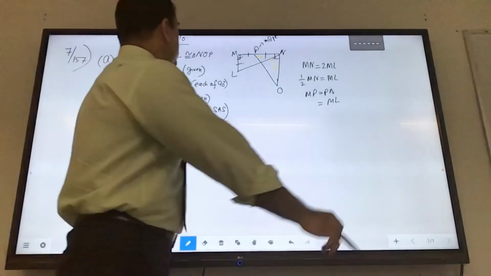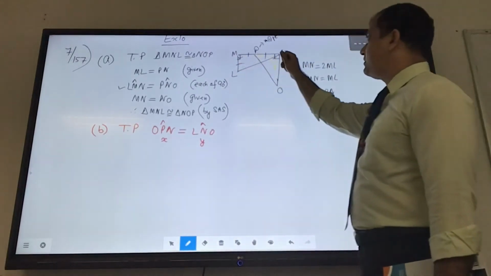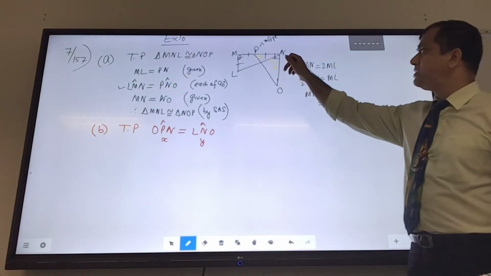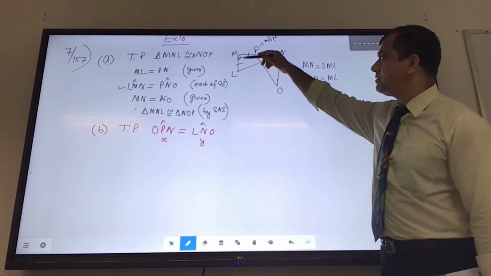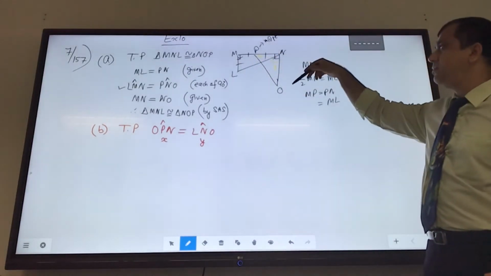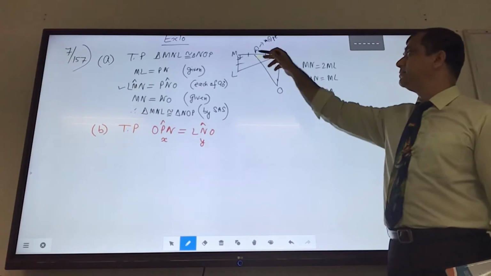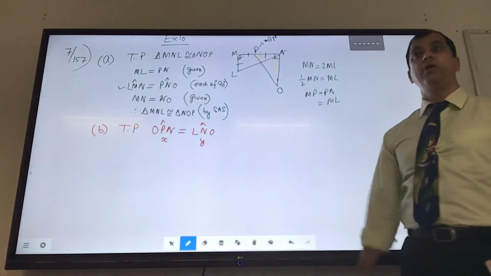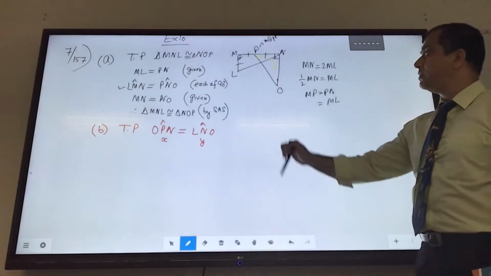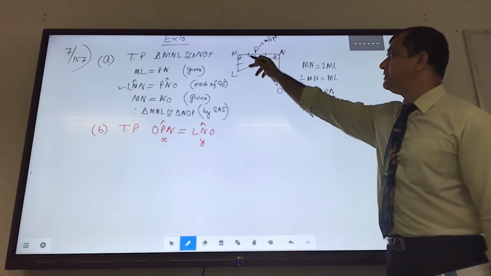Now students, because this is a right angle, this is a right angle, these two sides ML and NO are both perpendicular to the horizontal line, the side MN. So these two angles are 90.